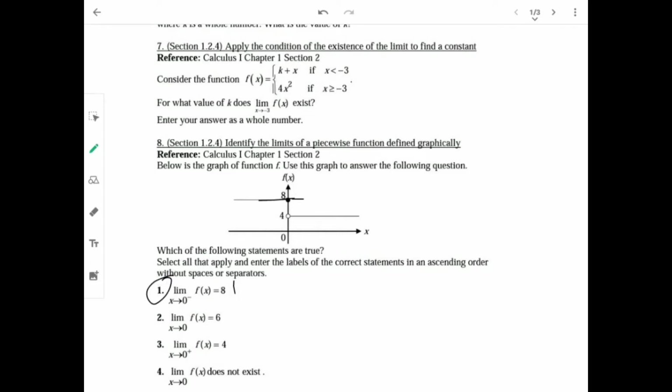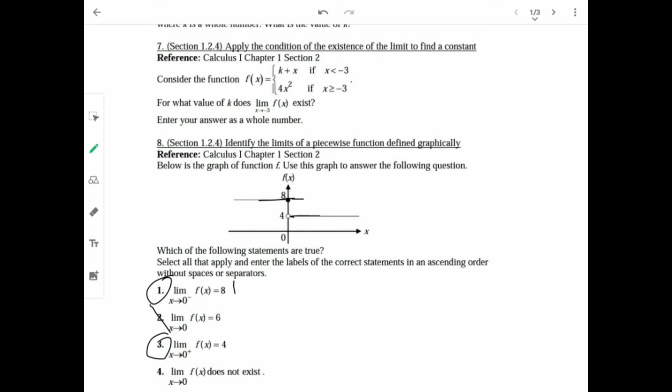Now limit of x at 0, it doesn't say from left or right, which means it means of the graph itself. Now it's not continuous because as you can see it jumps up, so that's why there is no limit, so this one's wrong. Limit of x at 0 plus, which means from the right, which as you can see is 4, so it's correct.